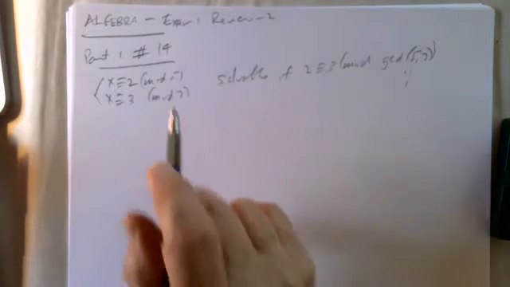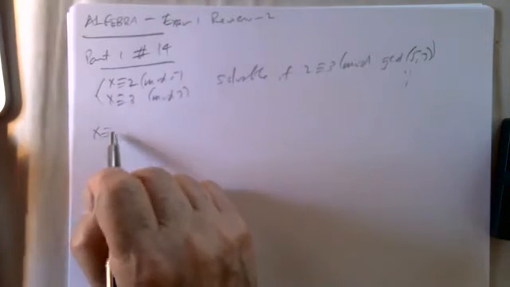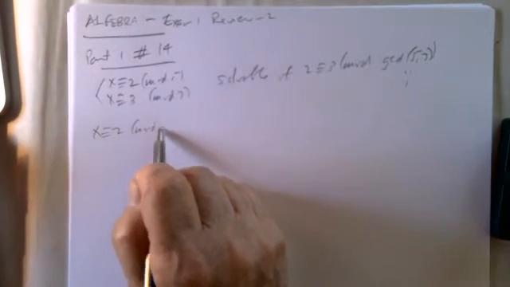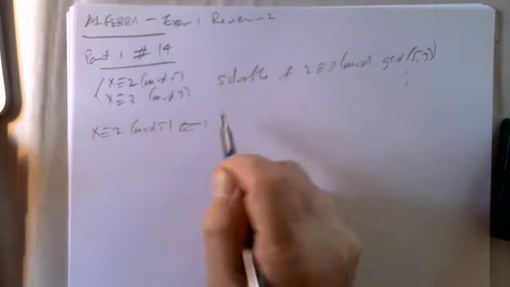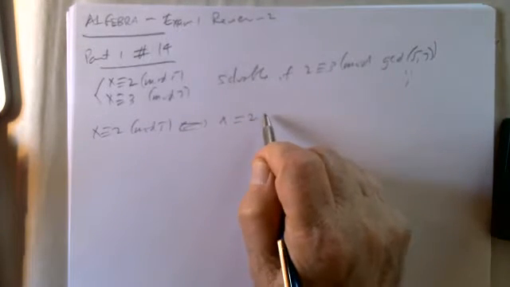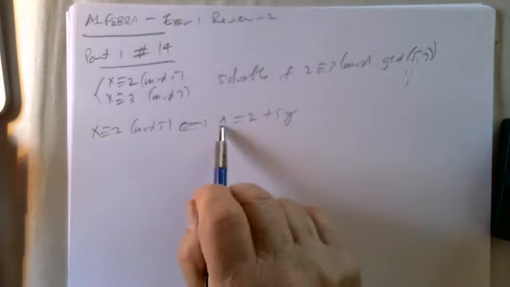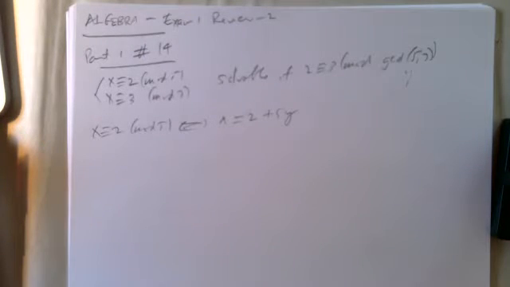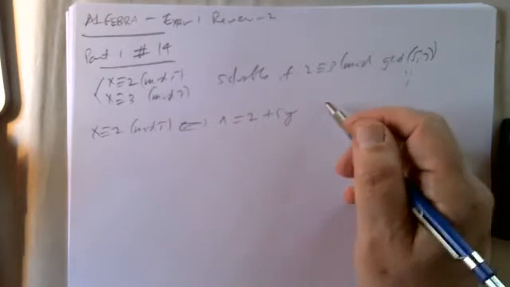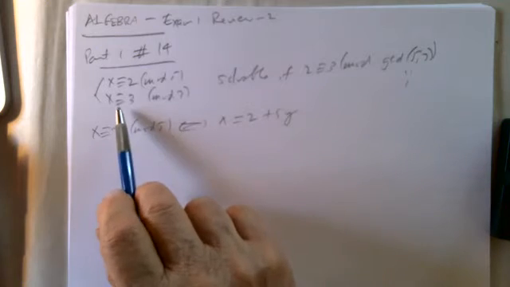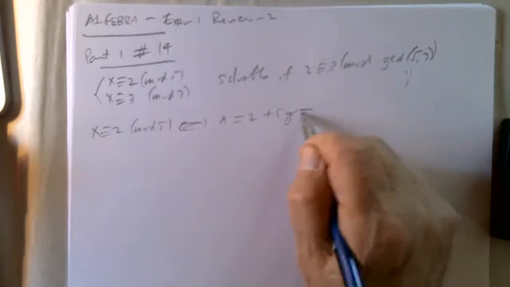And to find it, x congruent to 2 mod 5 means x is any number of the form 2 plus 5 times y. That's what it means. On the other hand, x has to be congruent to 3 mod 7.